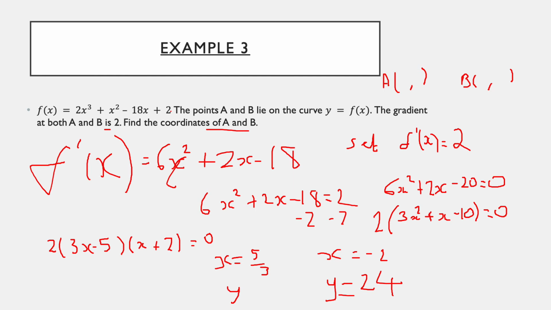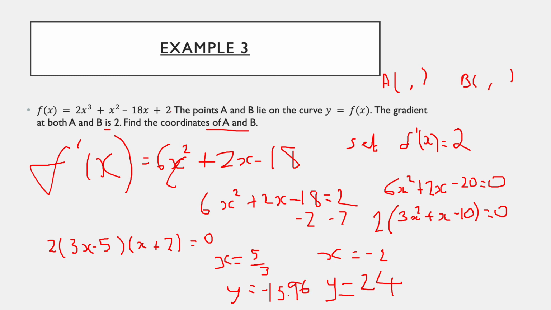Now, on my calculator, it's giving me the decimal answer, minus 15.962962. Can I change this to the fraction? No, I can't. So minus 15.96 to two decimal places.